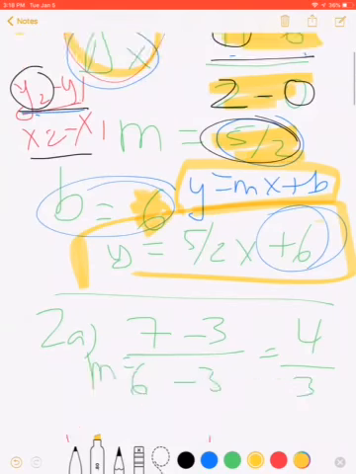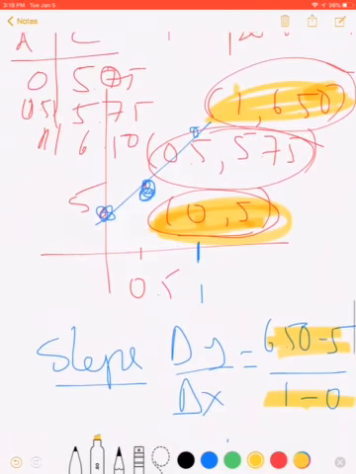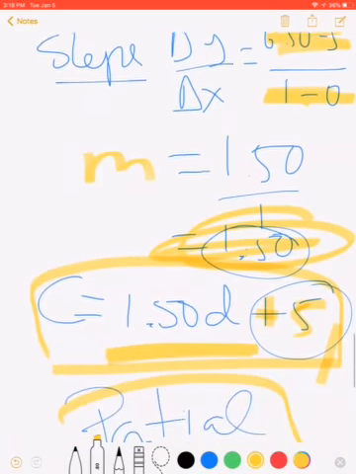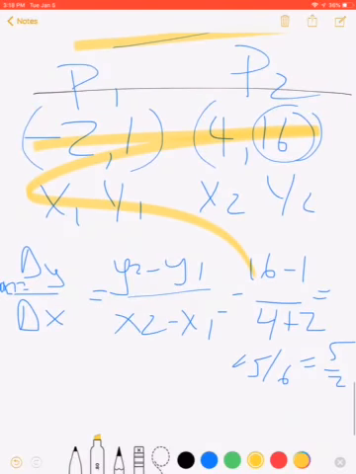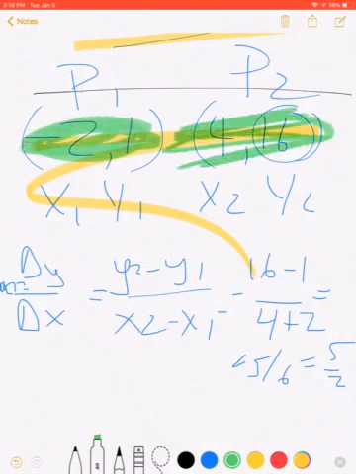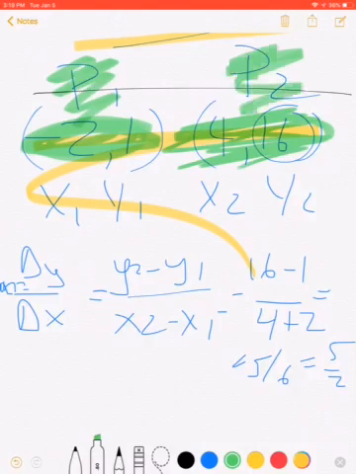Okay, and if you don't believe me that it works no matter what, I went over here and took two other points. I took the point (-2, 1), which is on the graph, and I took the point (4, 16). I call this P1, I call this P2, and that makes this x1 and y1, and that makes this x2 and y2.